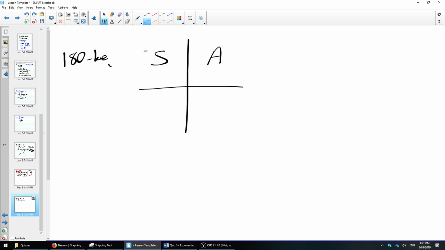I explained it in two different ways, so I'm just going to do it 180 minus theta. And then in T, I'm just going to do theta minus 180. So is this 180 plus theta?